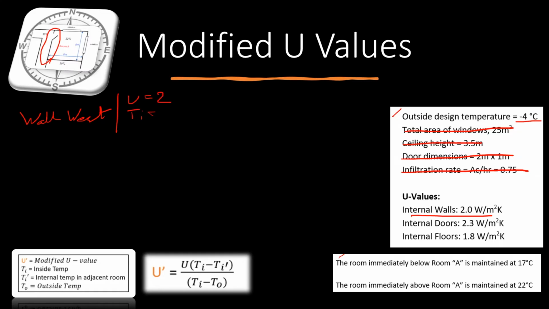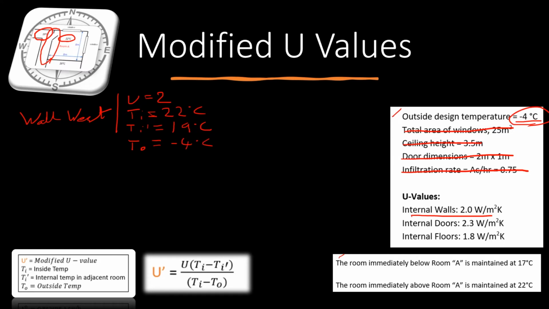Ti, it's really hard to see on this, but that's temperature inside the room, which is going to be 22 degrees C. Ti apostrophe is the temperature in the adjacent room. Hard to see here, but it's going to be 19 degrees Celsius in that corridor. Okay, and then my To, I get that from the question, -4 degrees Celsius.